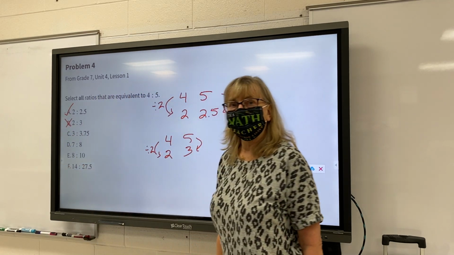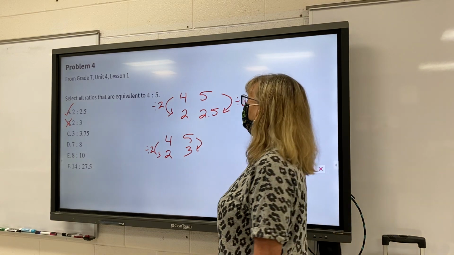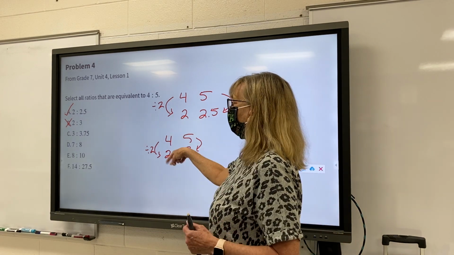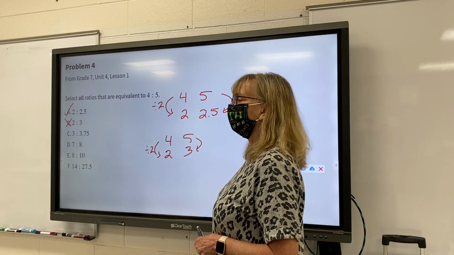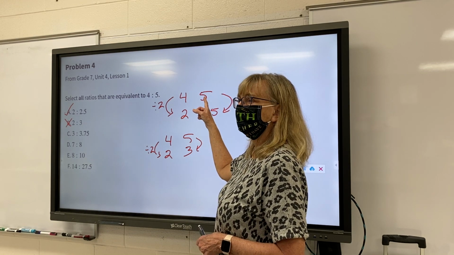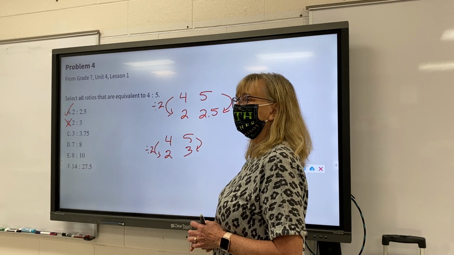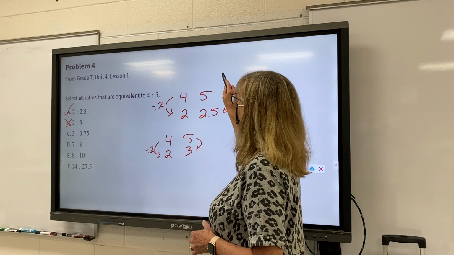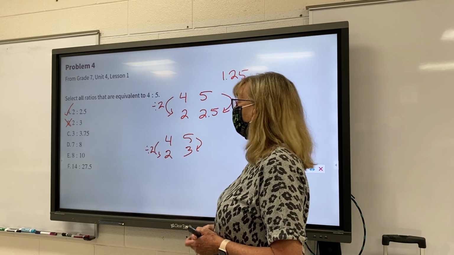Is there another strategy we could use? You could try to see if they're the same multiple. Oh, well, that's kind of what we're doing. Multiples. Could we find the COP? Yes. What's 5 divided by 4? 1.25.